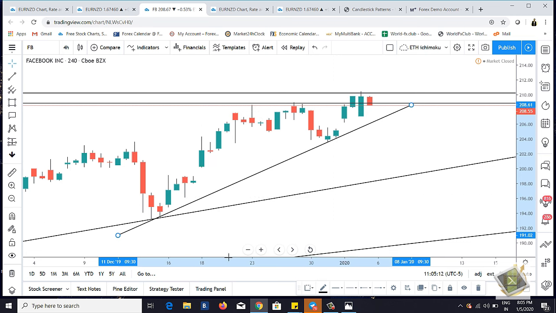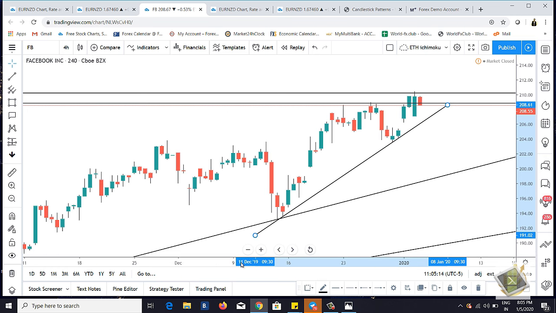Now if I want to open a short position, I want a big bearish candle here. I want that price should give me a signal that sellers are coming in the market, and I want something like this.